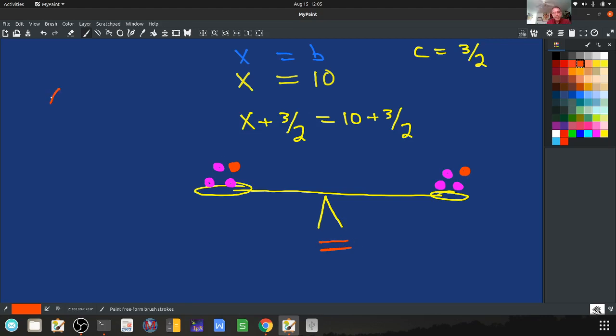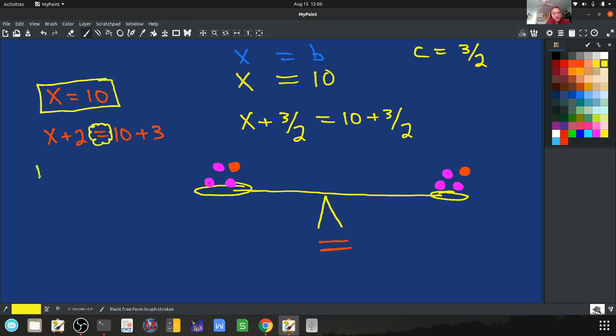If I have x equals 10 and I add 2 to one side, but I don't add the same number to the other side, if I add 2 to one side and 3 to the other, then this is no longer the case. Let's show why. Because I know that x is equal to 10, does the equality still hold?